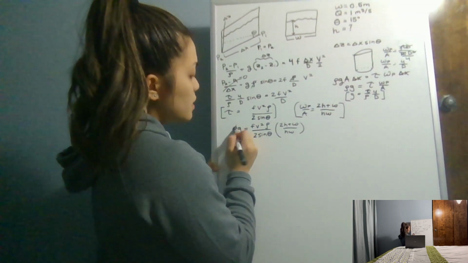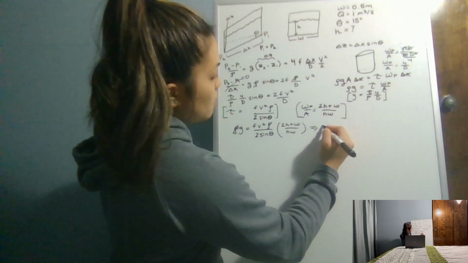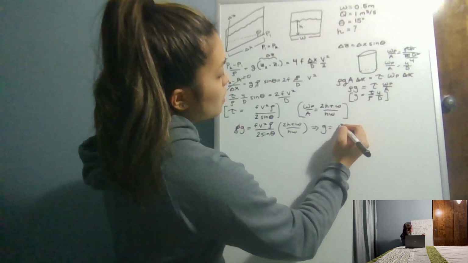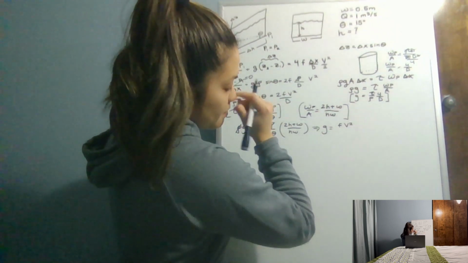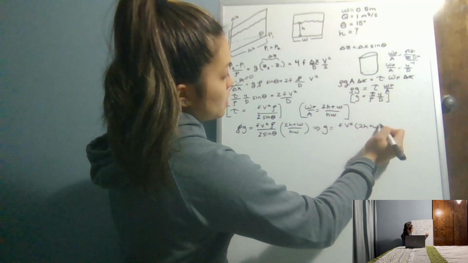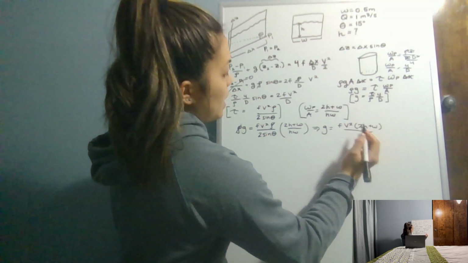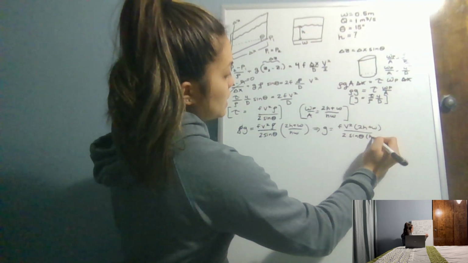The densities cancel out, and that leaves us with the gravitational acceleration equal to the friction factor times the velocity squared times 2 times the height plus the width, divided by 2 times sine theta times the height times the width.